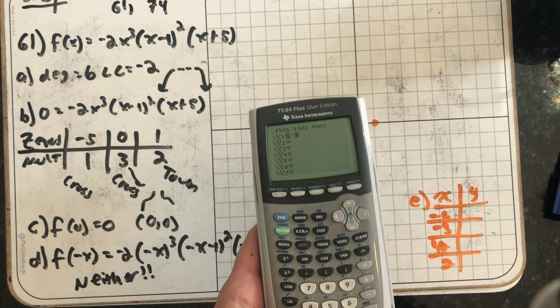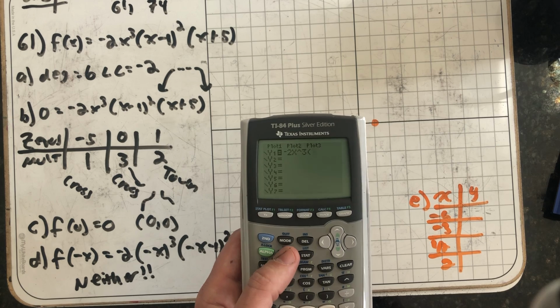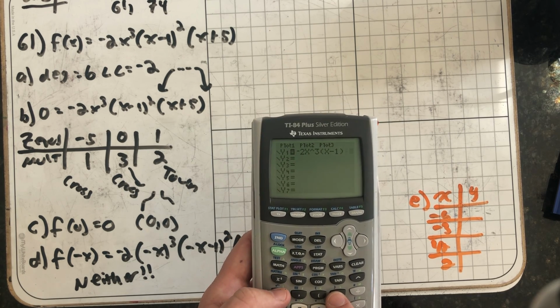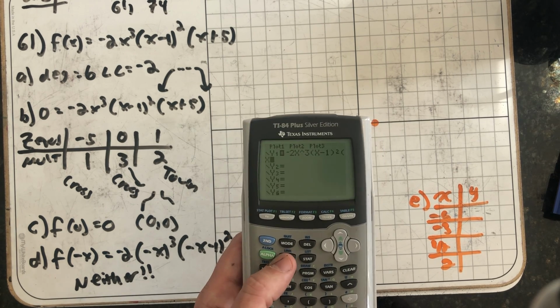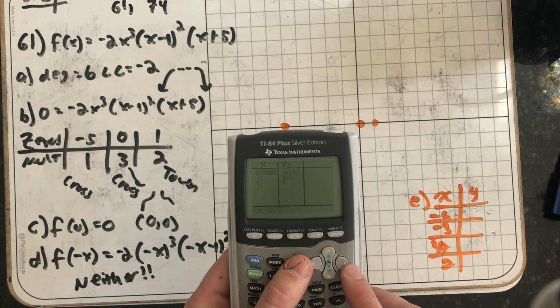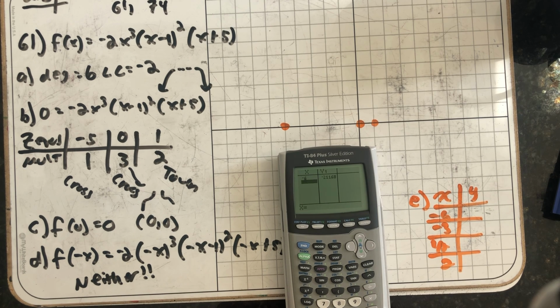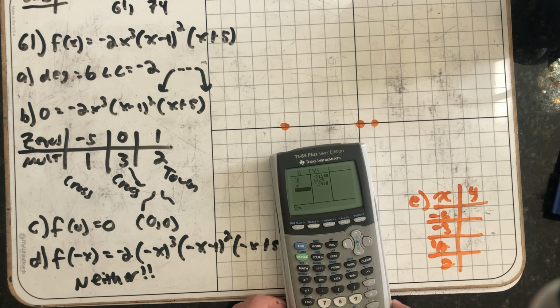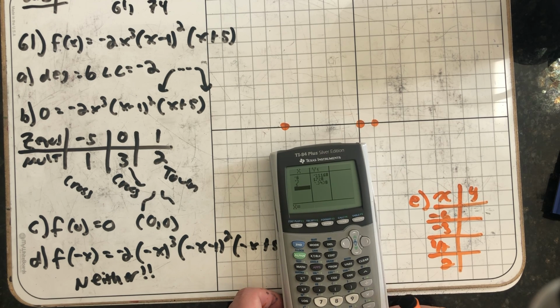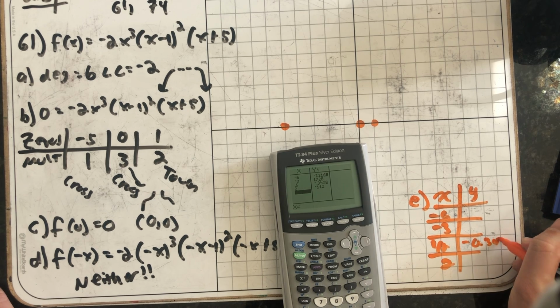So I have minus 2 x to the third times x minus 1 squared times x plus 5. I'm going to go in the table. I'm going to delete out what I have in there, and I want to put in minus 6, minus 3, positive 1/2, and positive 2. And so I get minus 0.3438 at 1/2.